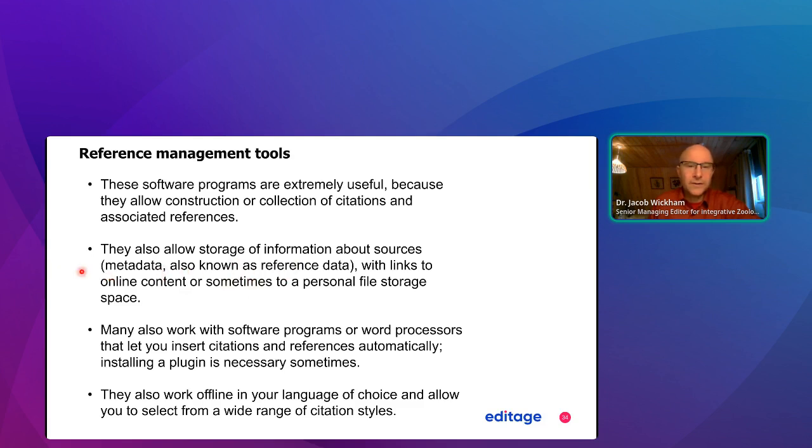You can download those files, for example, when I showed you on PubMed how to download a citation. A lot of them work with word processors, so you can just plug in your citations by using a plugin on your Microsoft Word app. You can also work offline in your language of choice, and they can select a wide range of citation styles.